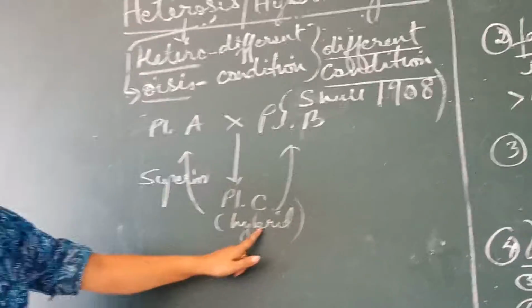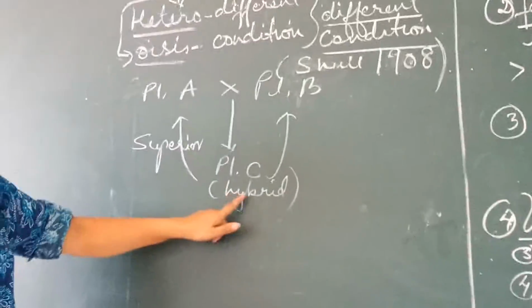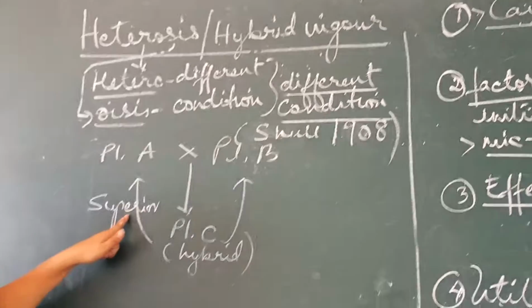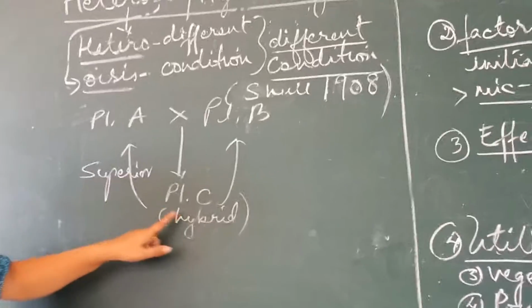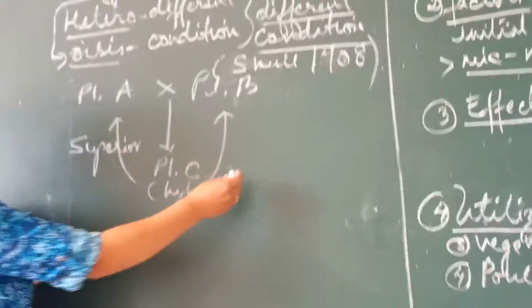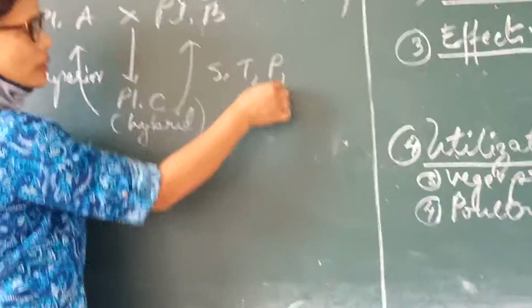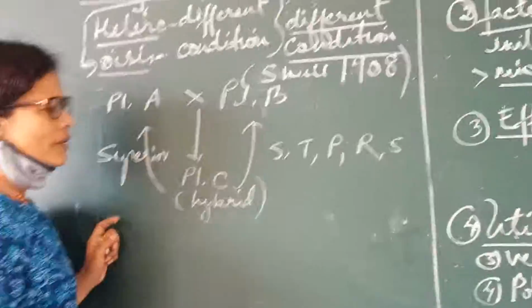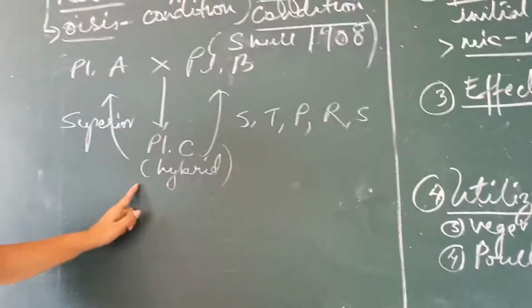Since heterosis is exhibited by plant C, which is a hybrid, heterosis is also known as hybrid vigor. Vigor, as I said, means superiority. Superiority in the sense that this plant is stronger, taller, reproduces more, and can survive much better than either parent.